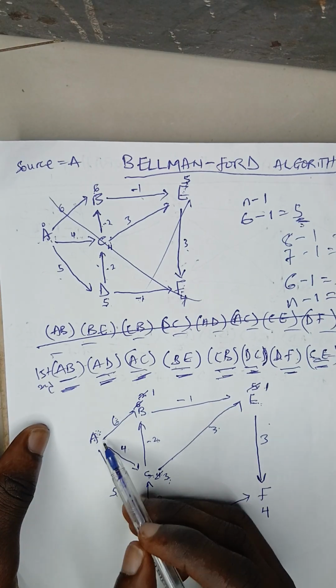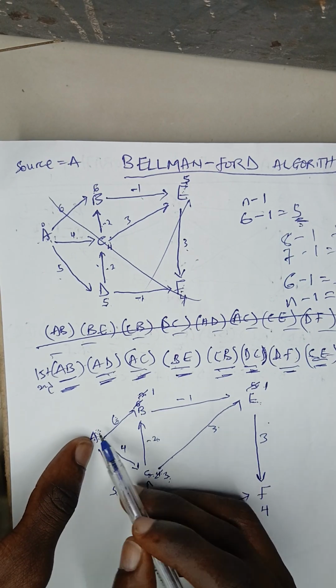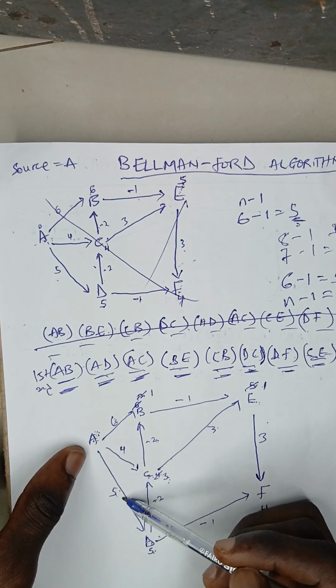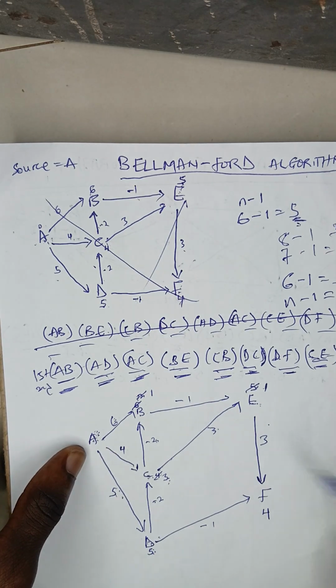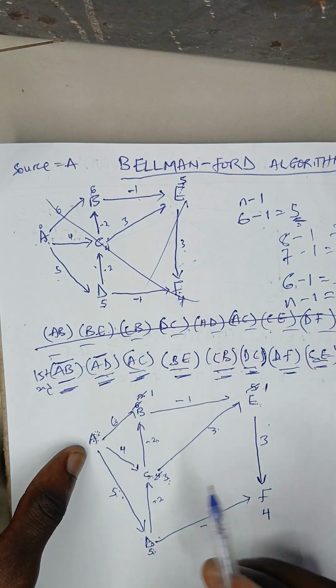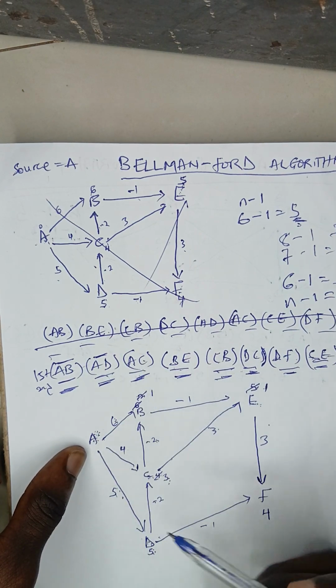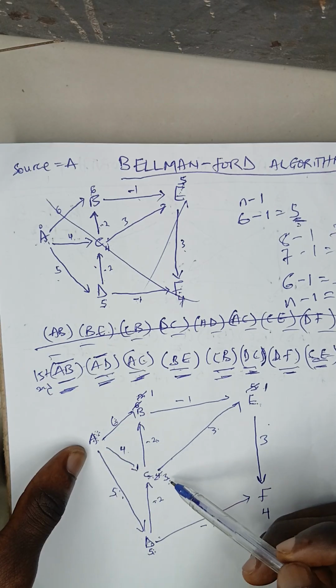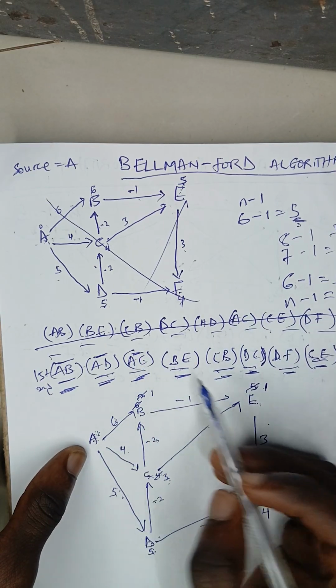AB. A to B. 0 plus 6, 1, we leave it. AD. 0 plus 5, 5, we leave it. AC. A to C. 0 plus 4. Here is 3, so you leave it. BE.